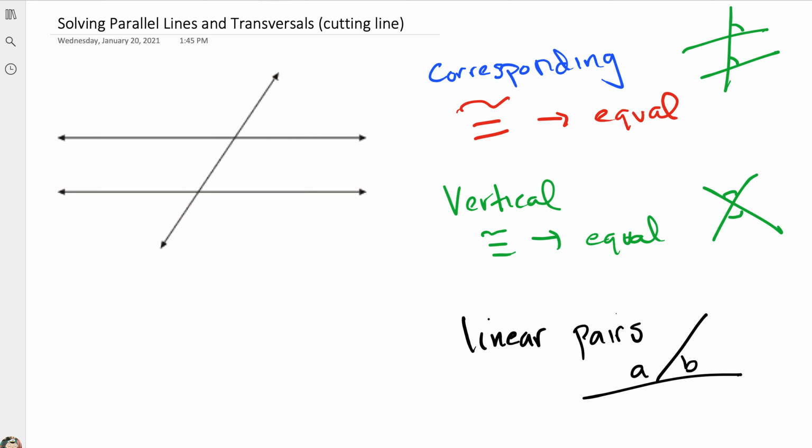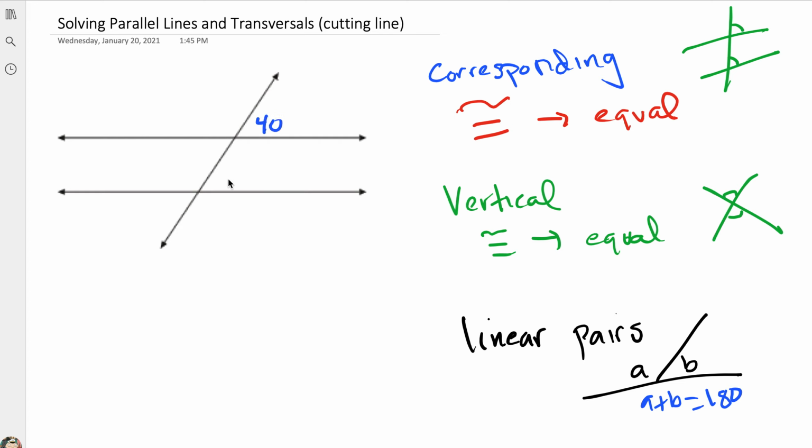So we begin to see that a plus b will have to equal 180 degrees. So there are going to be two choices as we learn to solve these. They'll either be equal, the same number, or they will be added together and add up to 180 like a linear pair.